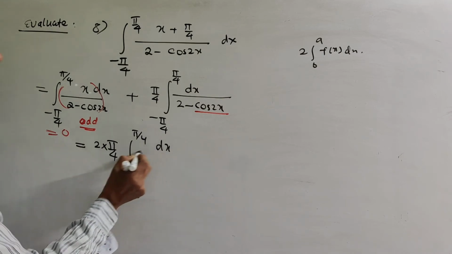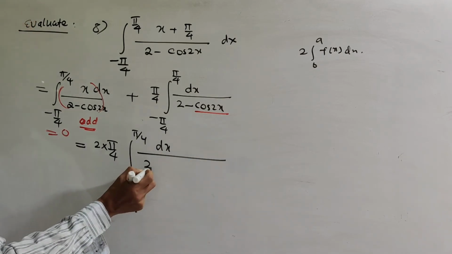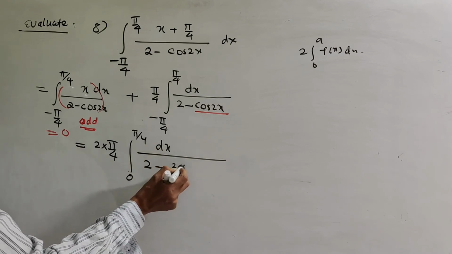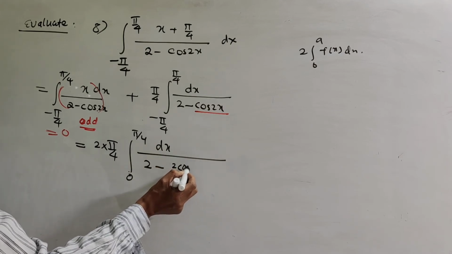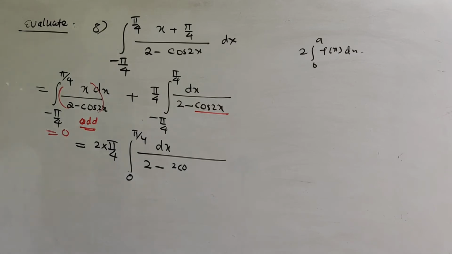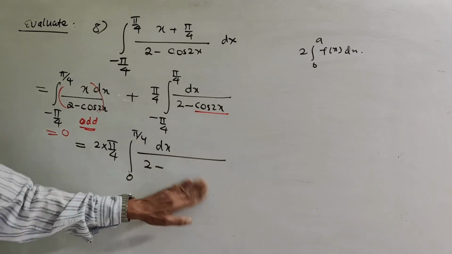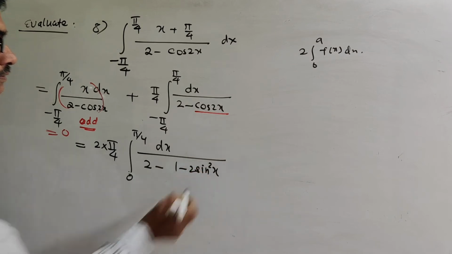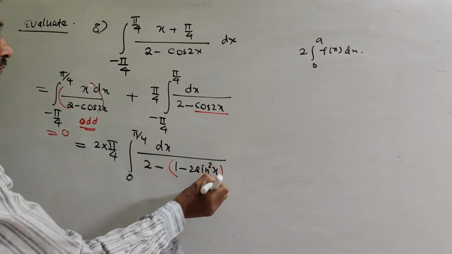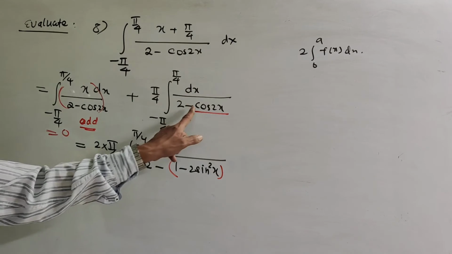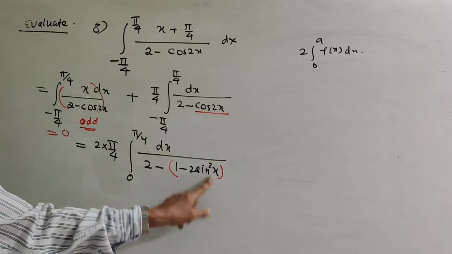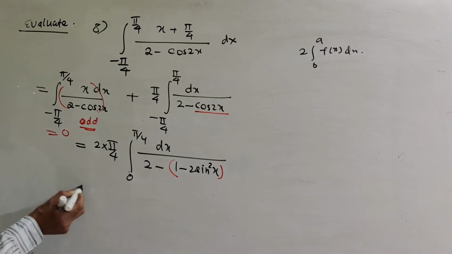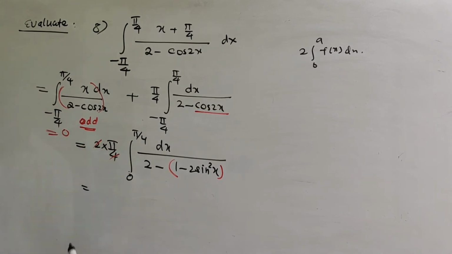dx upon 2 minus cos 2x. What is cos 2x? It is 2 cos square x minus 1, or 1 minus 2 sin square x. So we'll write it as 1 minus 2 sin square x. This 2 gets cancelled.